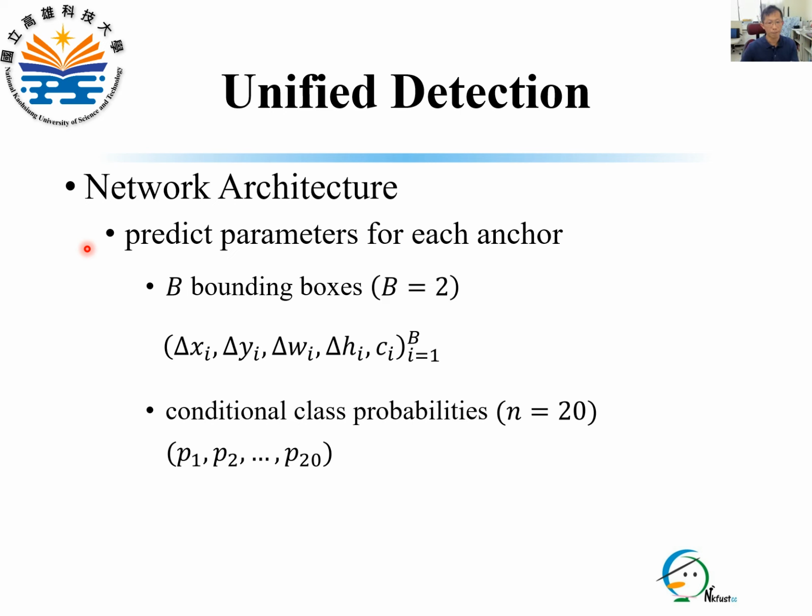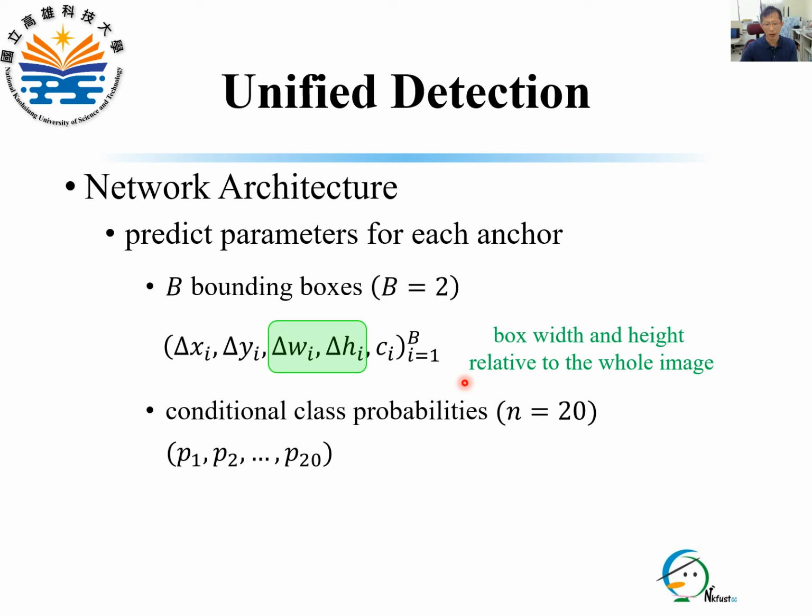Based on these 7 by 7 anchors, the YOLO v1 uses a convolution neural network to predict parameters for each anchor. These parameters are for 2 bounding boxes and 20 conditional class probabilities. The predicted parameters for a bounding box are delta x, delta y, delta w, delta h, and C, where delta x, delta y are the box center relative to an anchor.